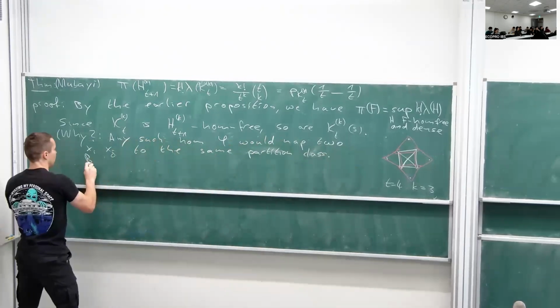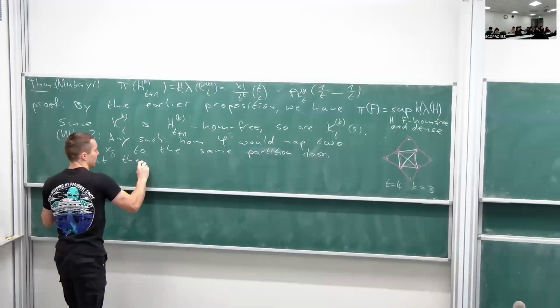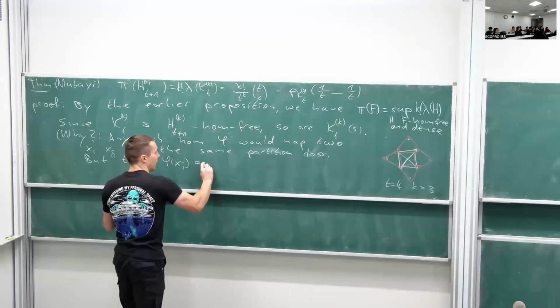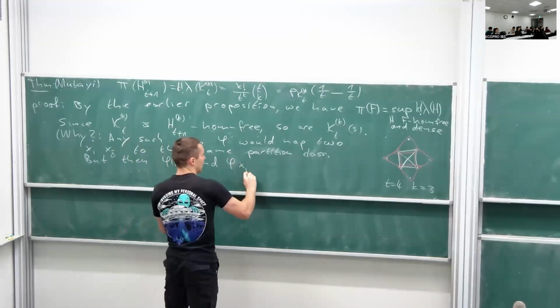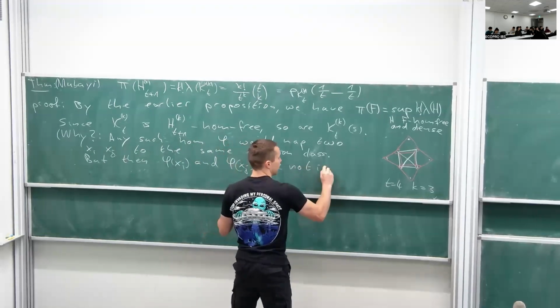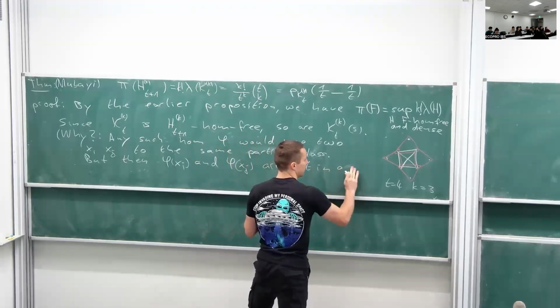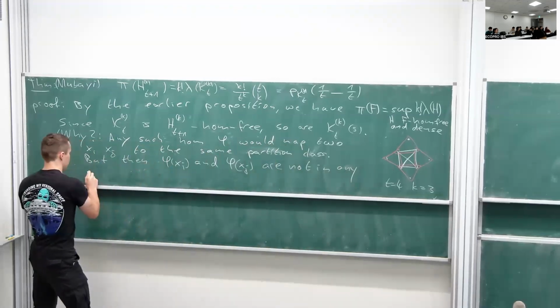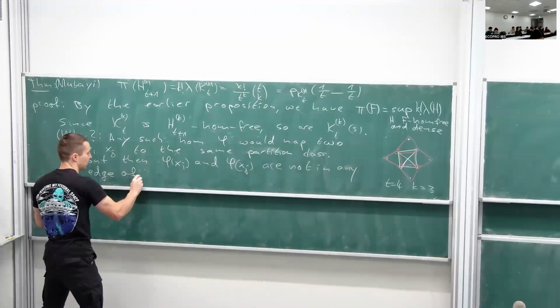But then phi(x_i) and phi(x_j) are not in an edge.